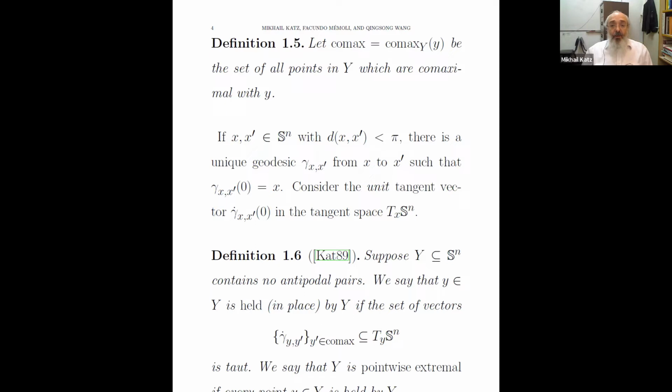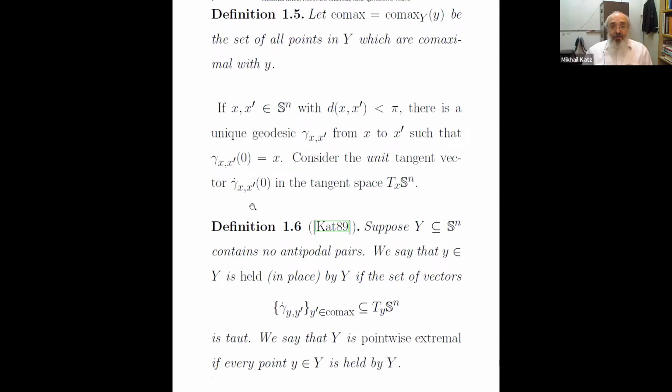And so now we have an interesting notion here. Suppose we have a subset of the sphere not containing antipodal pairs. So we want to exclude the situation when the geodesic is not unique. We say that little y is held in place by the set Y if the set of co-max vectors is taut in the tangent space at the point y.